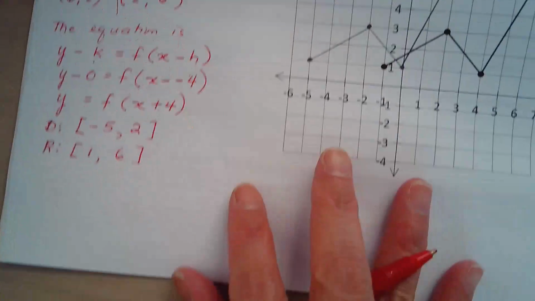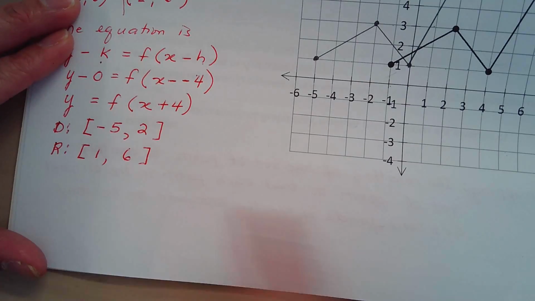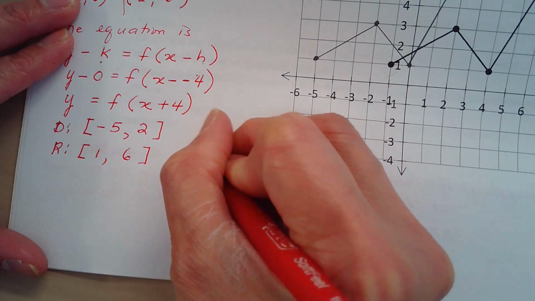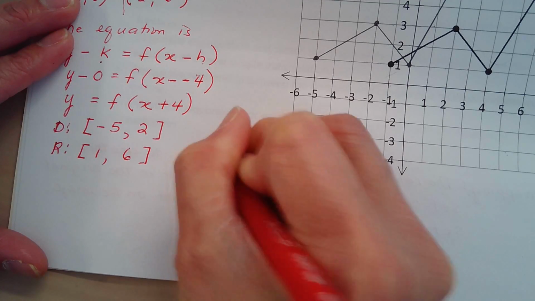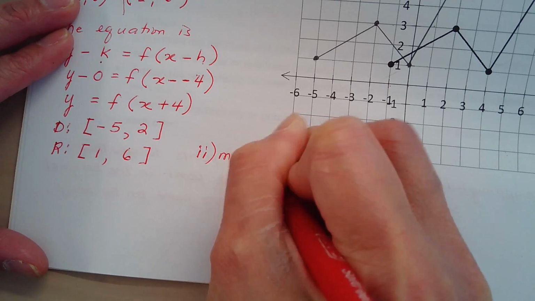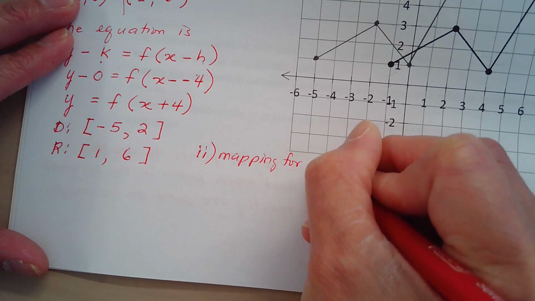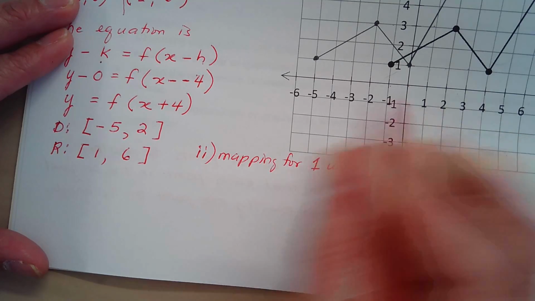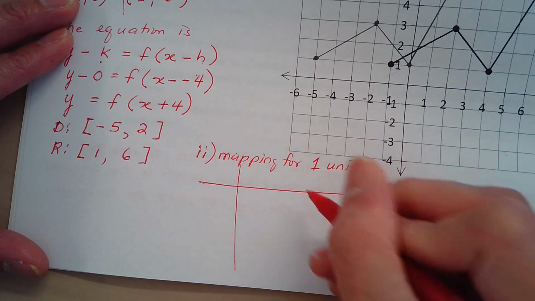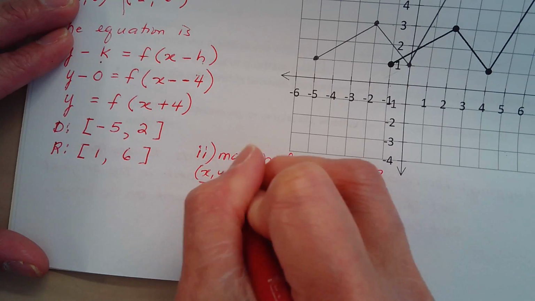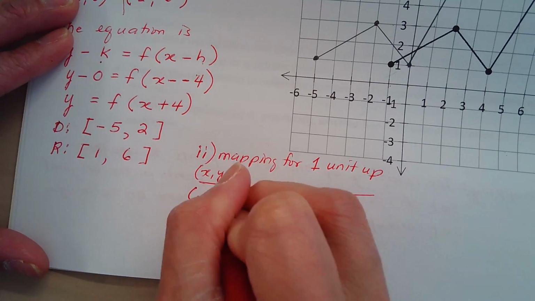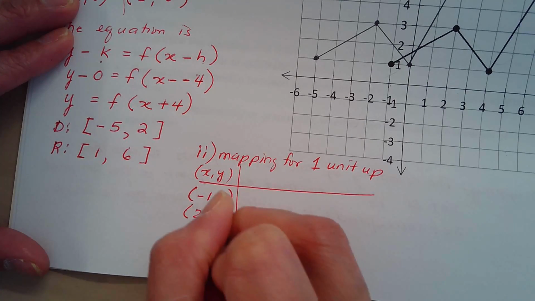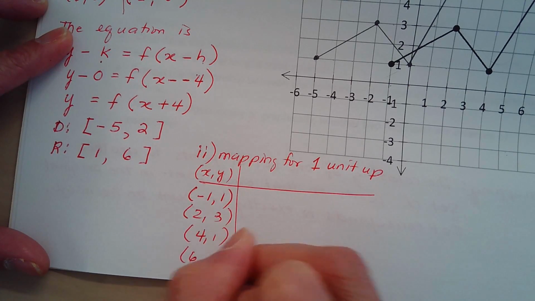So what are we going to do? I'm going to do the mapping and then we'll do the graph later. So here's the mapping for number 2. One unit up. So if x is -1, 1, 2, 3, 4, 1, 6, 6, this is the original points.